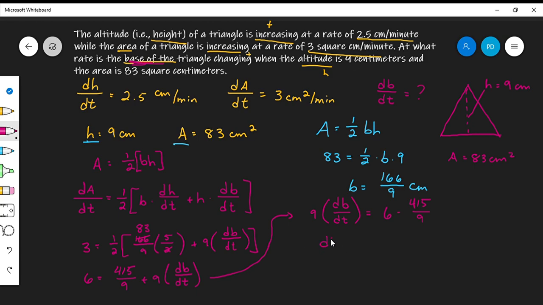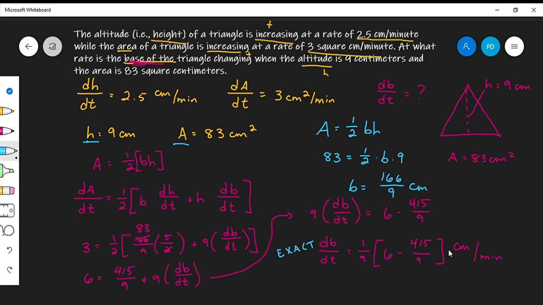So we have dB/dt equals 1 over 9 times 6 minus 415 over 9, and this will be centimeters per minute. This is exact.